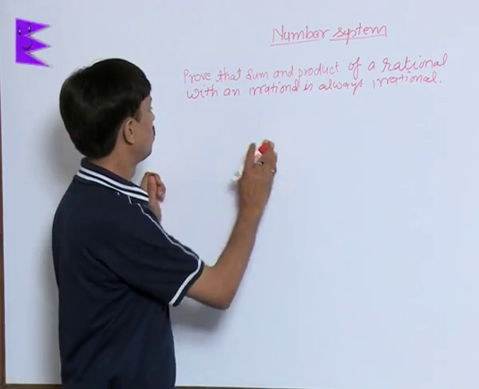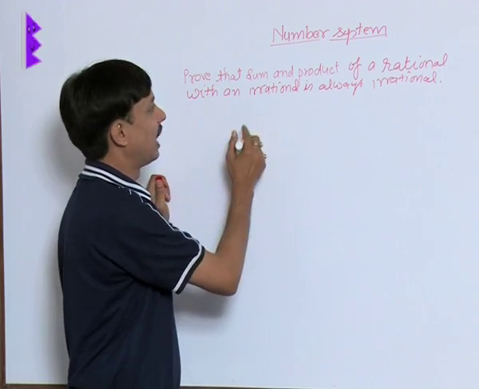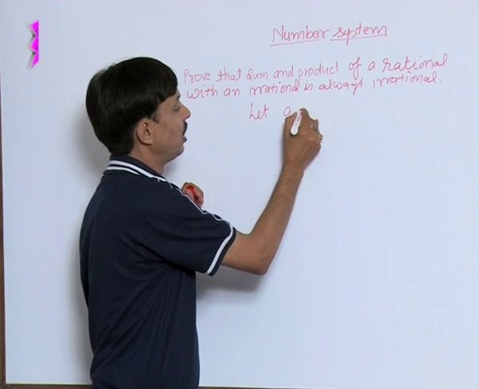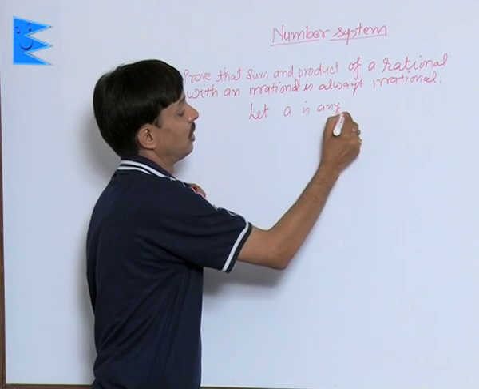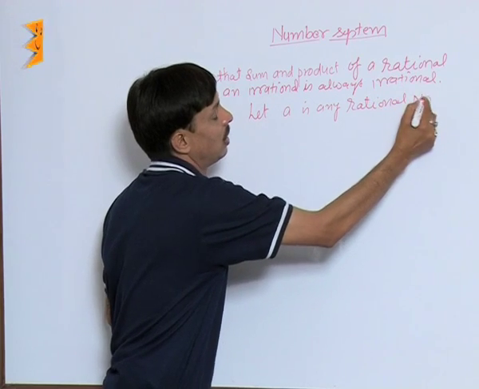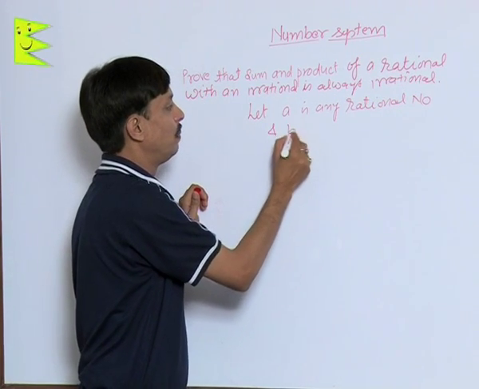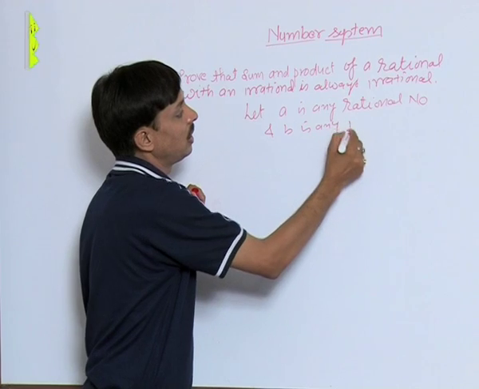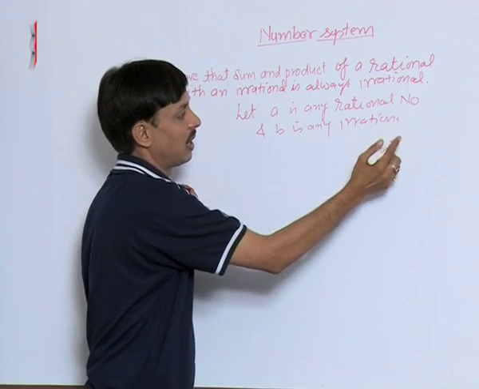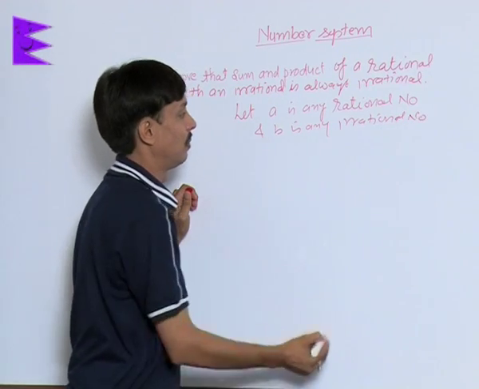To explain this, let A be any rational number and B be any irrational number.